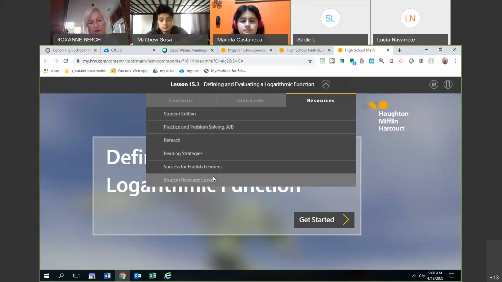And then the student resource locker is valuable because there's a lot of videos and there's different things in here that you can use that are useful, including the student edition, the interactive student edition, and I think there's selected answers in this student resource locker.